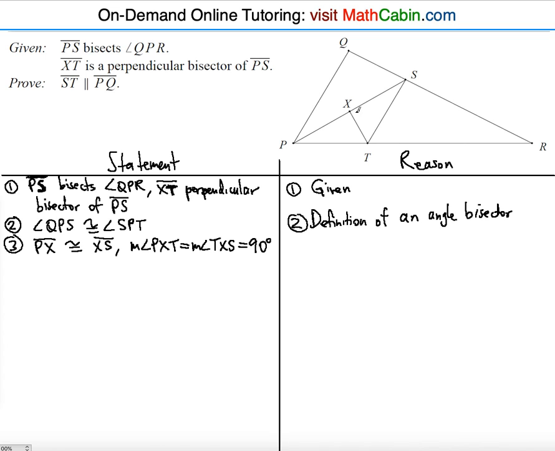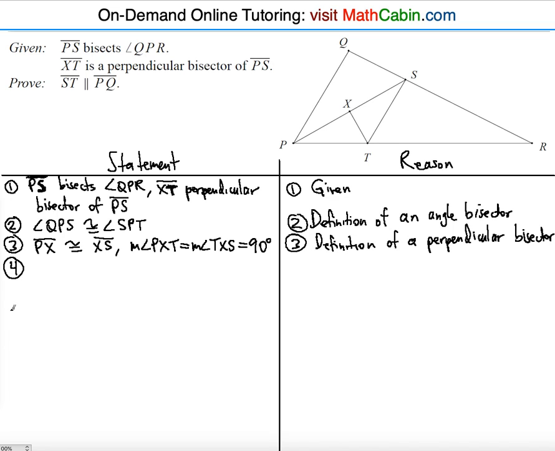Okay, so that's why these two angles are 90 degrees each. So the simple reason for that is to say the definition of perpendicular bisector. Okay.